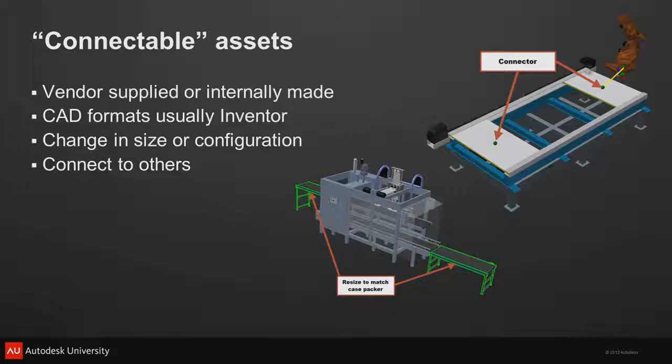Another question, how many of you guys have seen Factory Design Suite? Have had it demonstrated to you? Seen it? Okay. We have an online library that's actually cloud-based that we update probably every couple of weeks, and we add more and more data to it. All of the assets that are up there, or the ones that are appropriate to, are built automatically with the connectors in them, so they know how to connect to each other, and they know how to behave with each other.